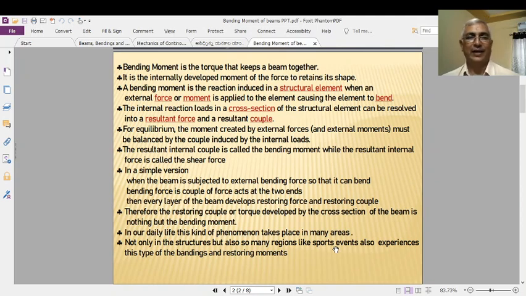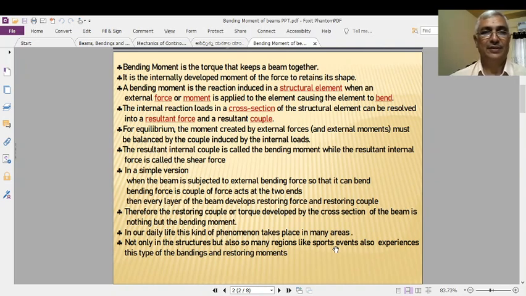We will address the bending moment by means of the restoring moment or restoring torque, because the restoring torque is responsible for the original shape of the body or the beam when the external forces are removed, because of the property of elasticity.